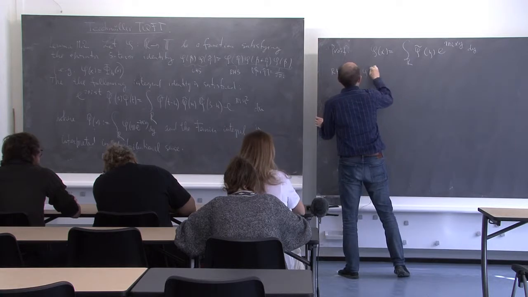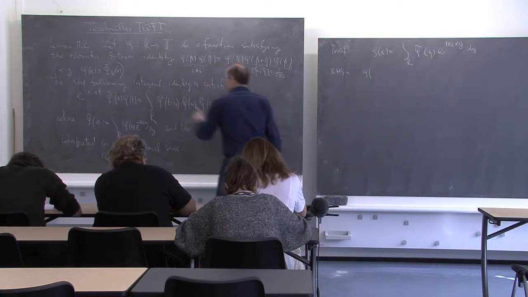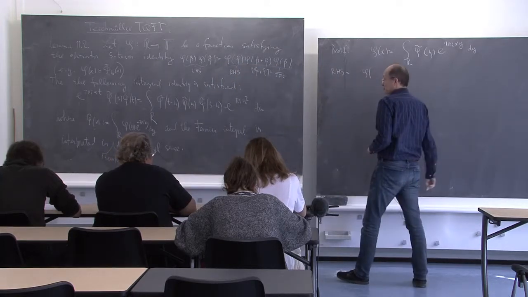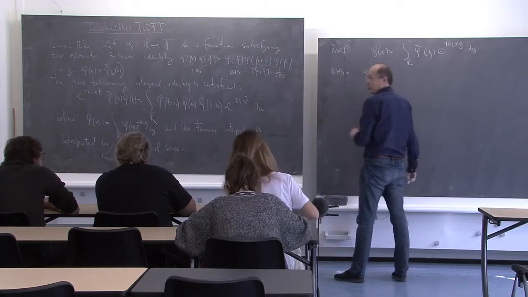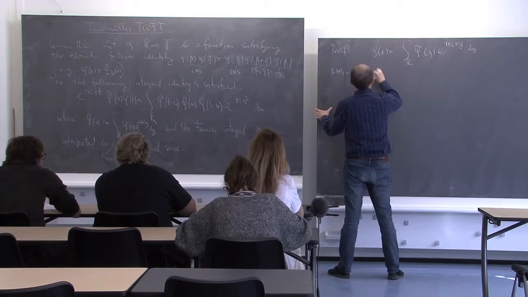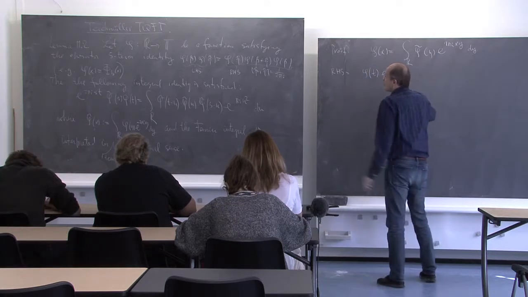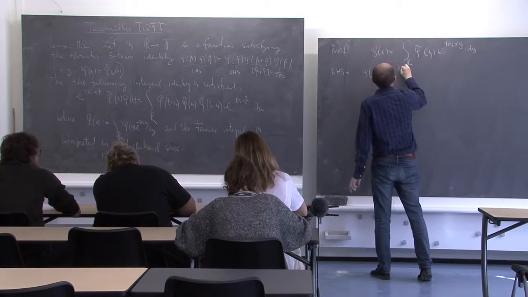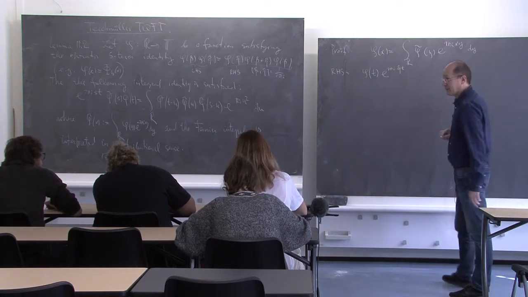So phi of t, I will integrate with t, so I will adapt to the formula we are heading to. So I will integrate over t, e to the 2 pi i q hat t, right? That's for the first phi.